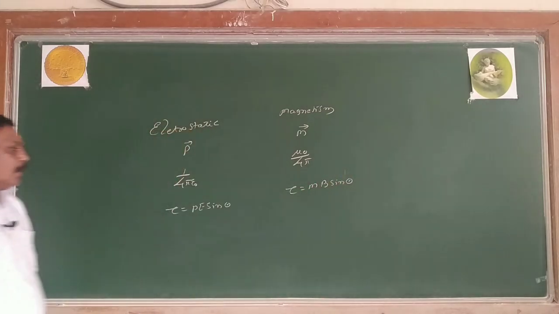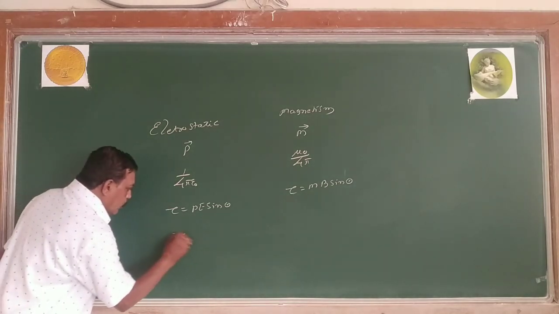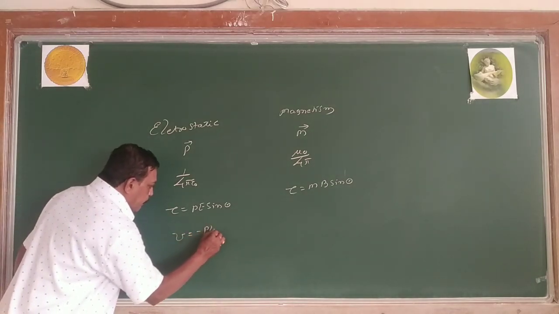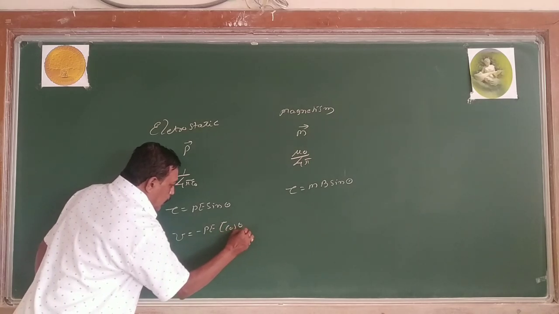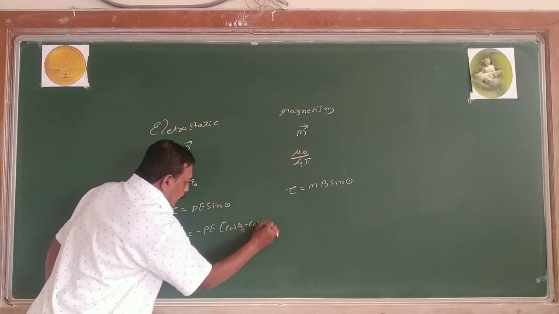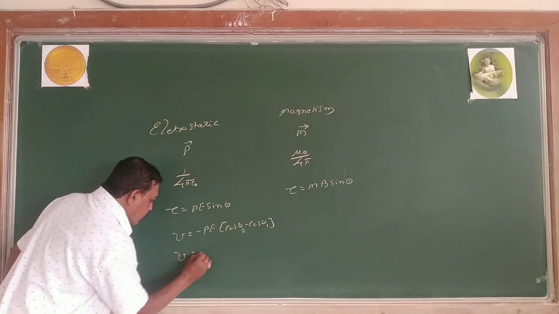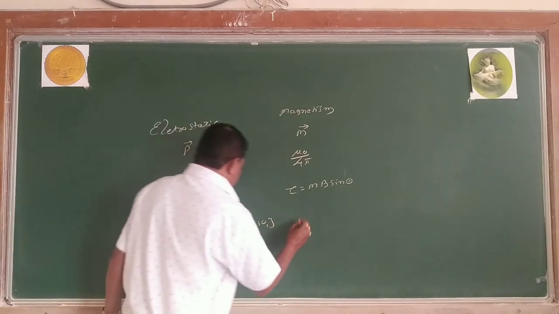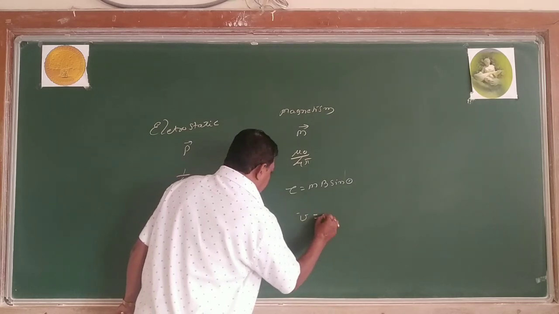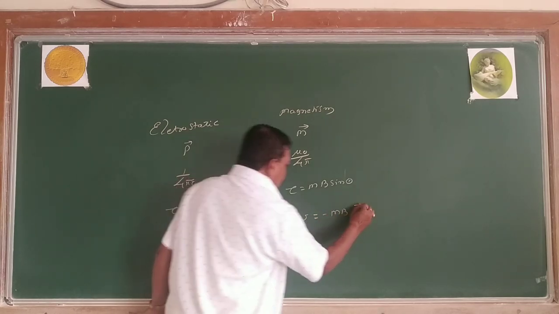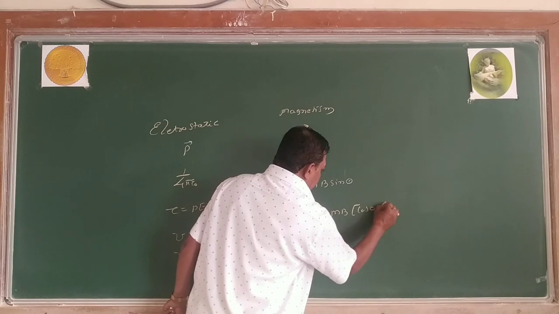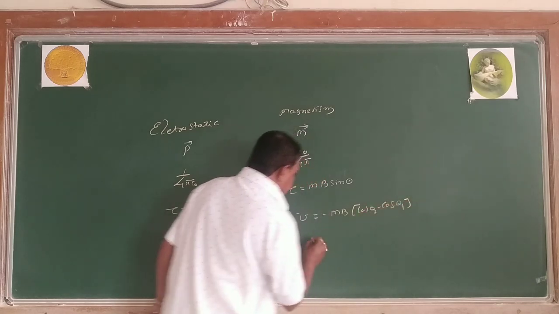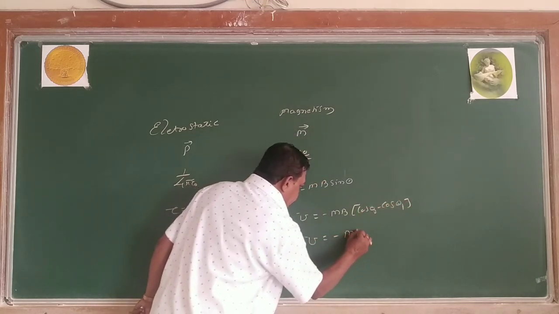Potential energy U equals minus P E (cos theta 2 minus cos theta 1). For a single angle, U equals minus P E cos theta. Here the potential energy U equals minus M B (cos theta 2 minus cos theta 1), and for a single angle, minus M B cos theta.